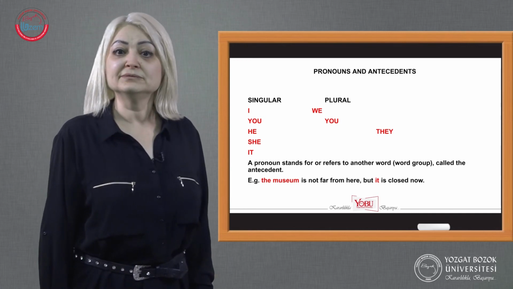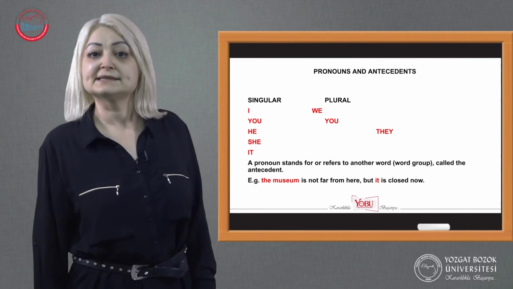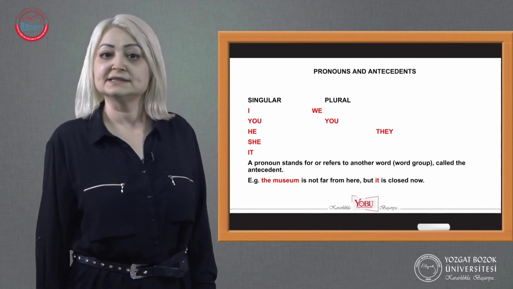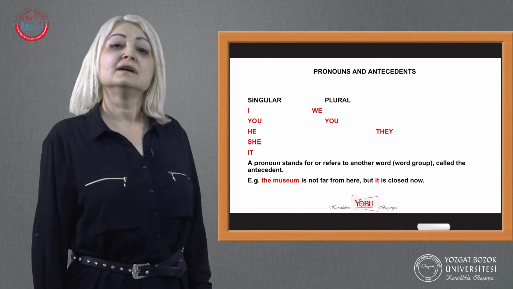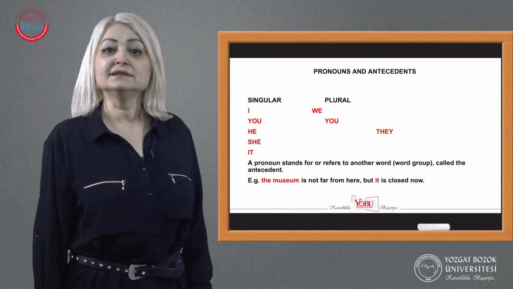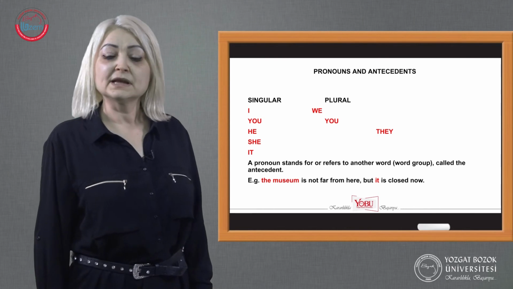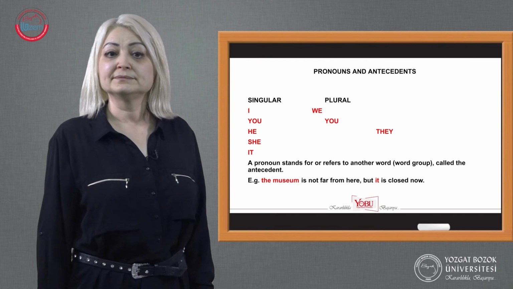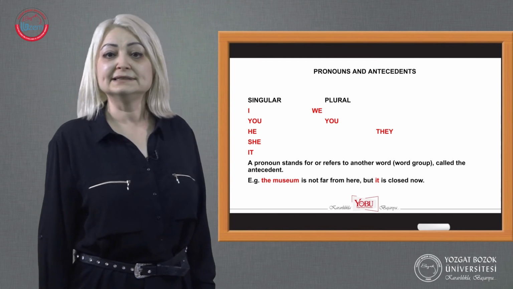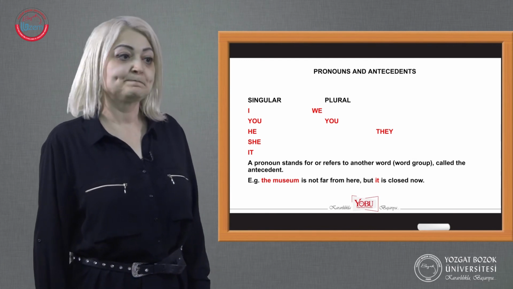The museum is replaced by it in the second part of the sentence, because the museum is not a living thing. We use it. And there's also agreement in number. One museum, and it's replaced by it.